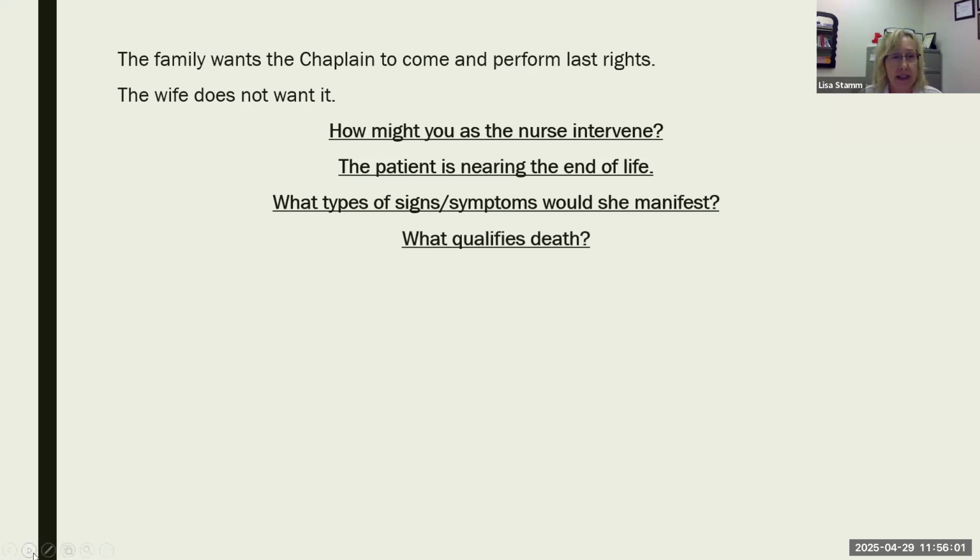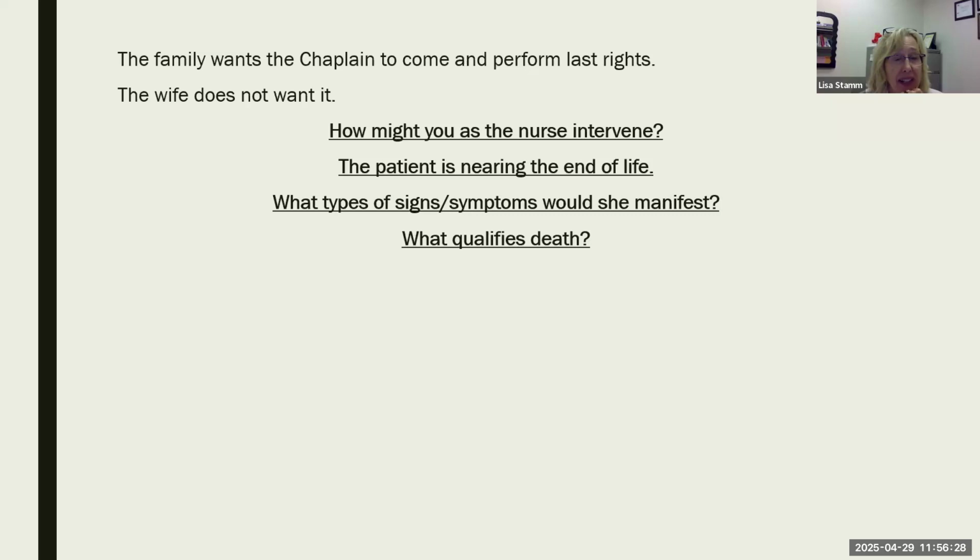What qualifies as death? When do we know that our patient has passed? And we can say that to their loved one. What are we looking for? Yeah, so we're looking for no heartbeat and no respirations.